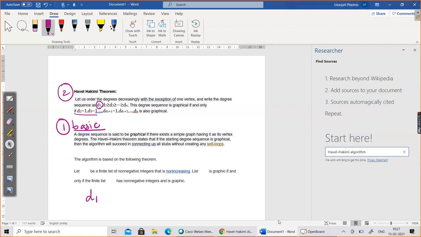We have D1 greater than or equal to D2 greater than or equal to D3 and so on up to Dn. So whatever D1 number is there, you have to cross out D1 and from the next ones you have to subtract 1. But you will do this until what? Until D1 plus 1, D1 plus 2, up to Dn means what? Suppose this number is 4.